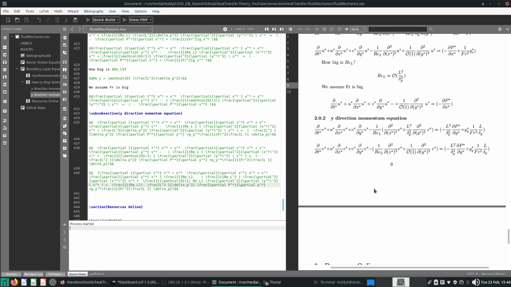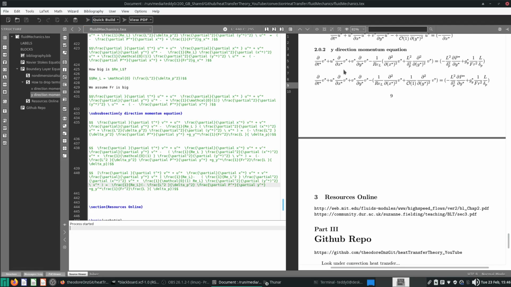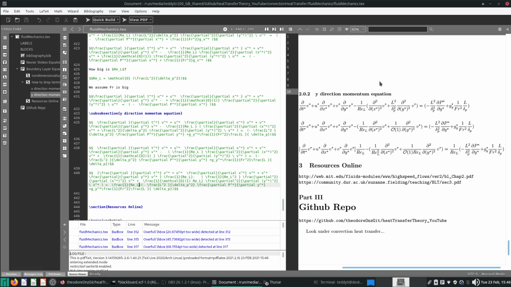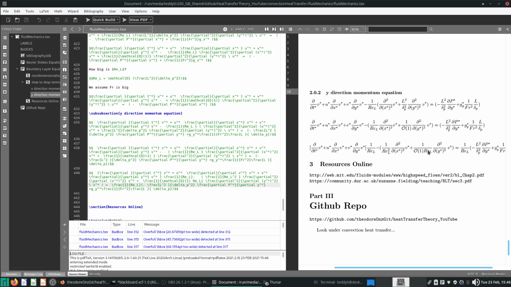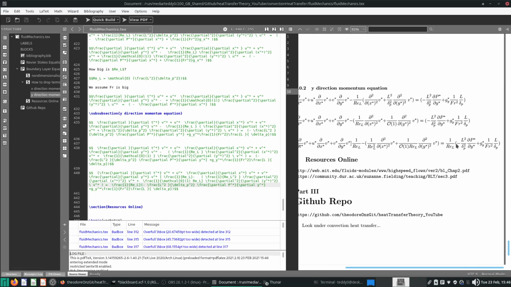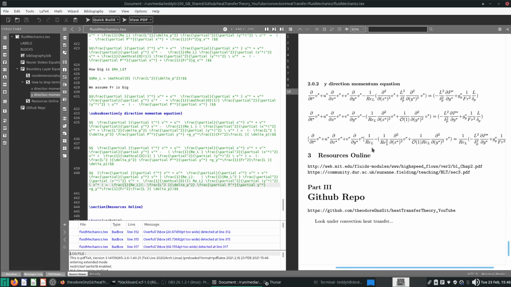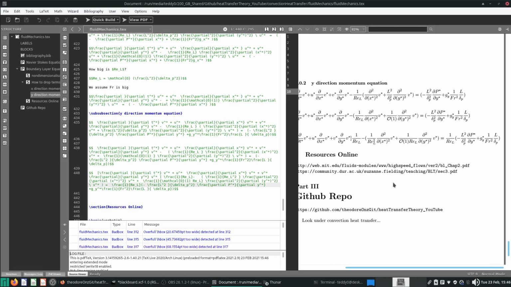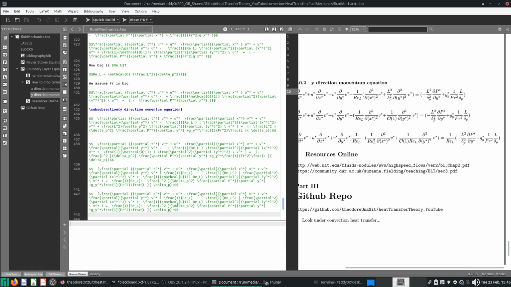So let's see whether I did the equations right. These three should be divided by REL. This will be REL squared, and this will be 1 over REL. And we basically have this over here. I hope you can see all of these terms will start to disappear because REL is pretty big. This one, when we bring this in, will be combined to an order of magnitude of 1.